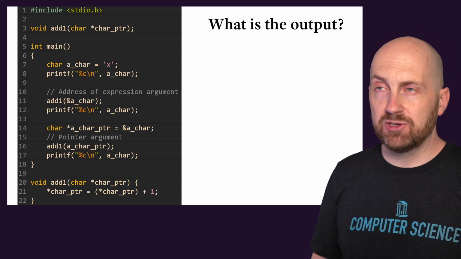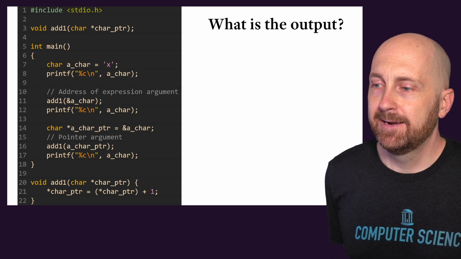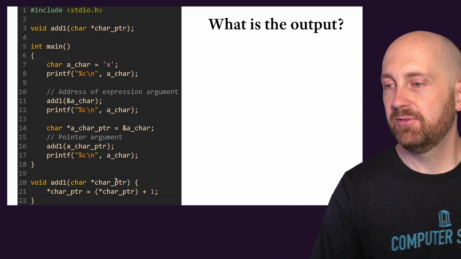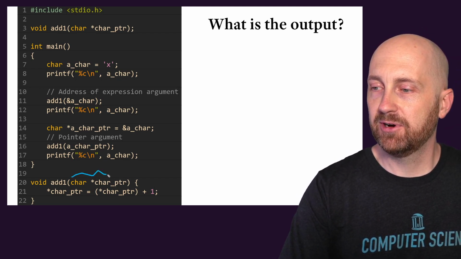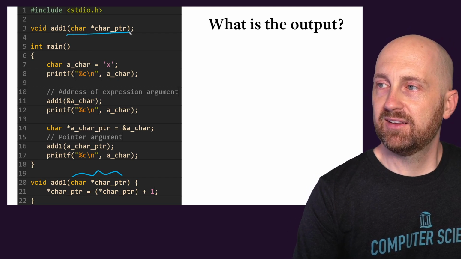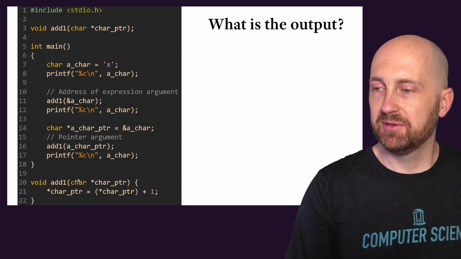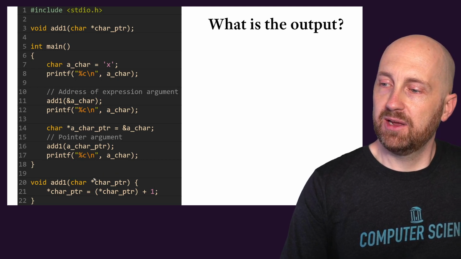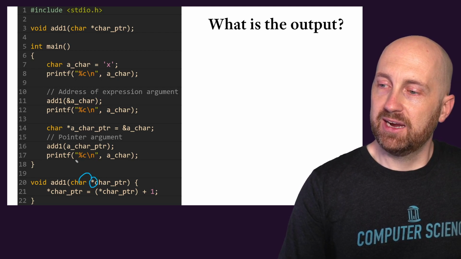So I've got another challenge question for you to think about, and we're not going to work through this together, but I do want to point out what is interesting about this and give you a little bit of a hint as to how to think about this. So notice we have this add1 function, and we had a declaration of it at the top, and then we had the implementation or the definition of it down here at the bottom. And what we're doing is we're giving a pointer to a character, right? So again, we read this backwards. So char pointer is a pointer to a character.